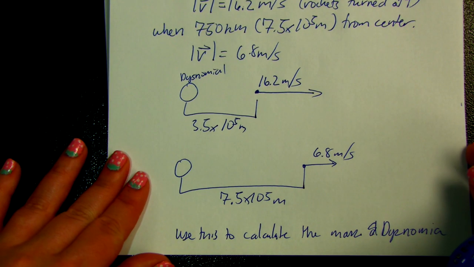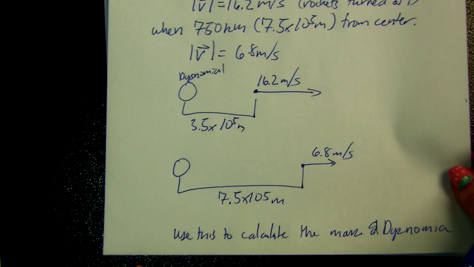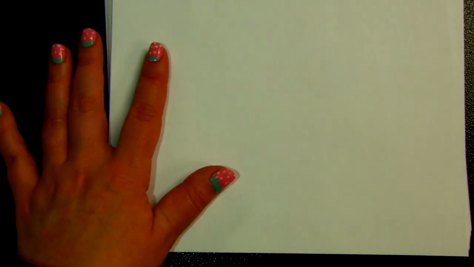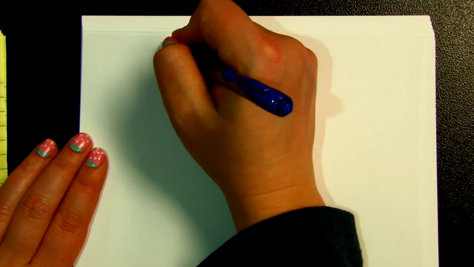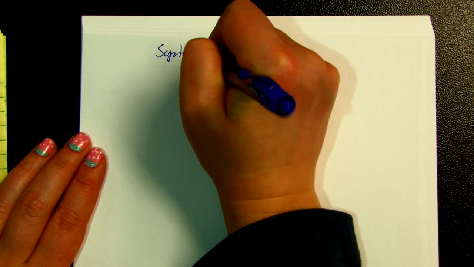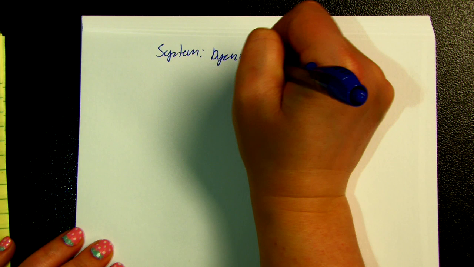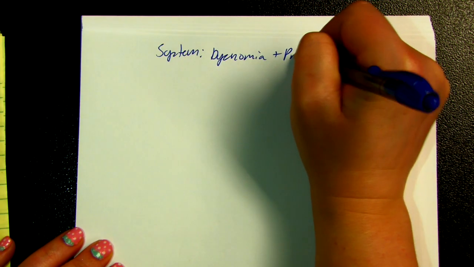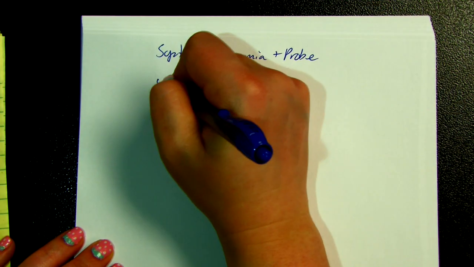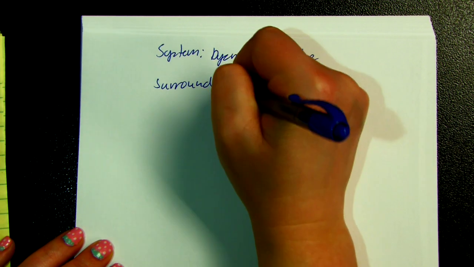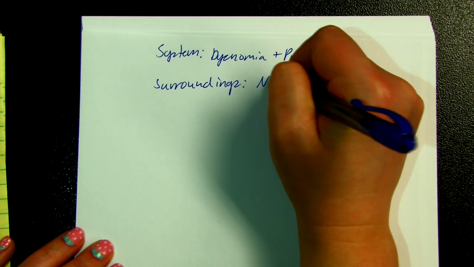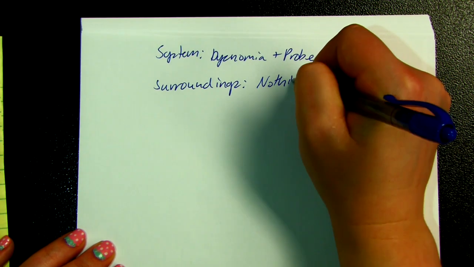Let's go ahead and set up our system and surroundings. So we want to have some gravitational potential between the two of them. That's going to be the best way to do this. So our system is going to be Dysnomia plus the probe, and in the surroundings, nothing.